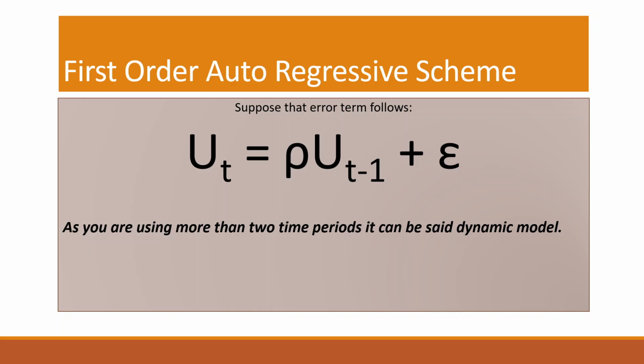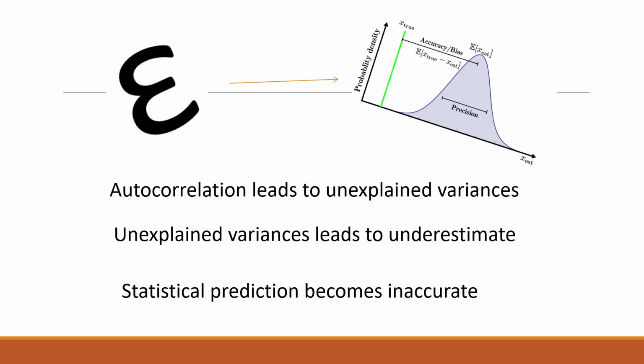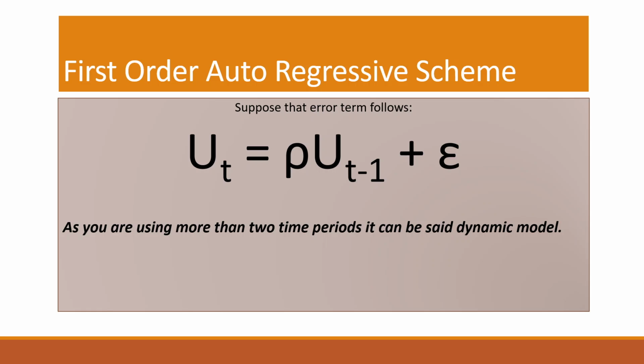If you are considering more than 2 time periods, it can be called a dynamic model. Now, depending upon the value of rho, what are its implications? If rho is equal to 0, then we have no serial correlation, which is obvious. See, if rho is 0, naturally there is no autocorrelation. Now, rho can be 1 or rho can be minus 1.